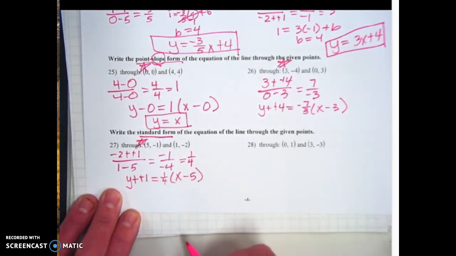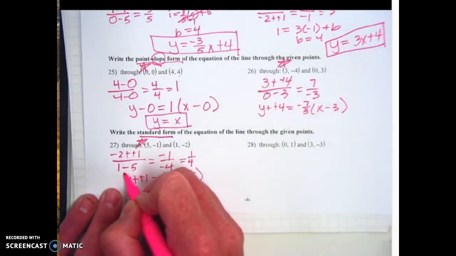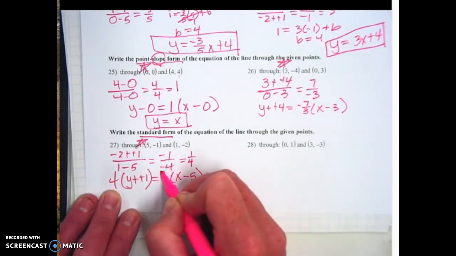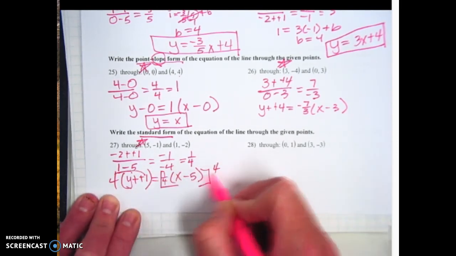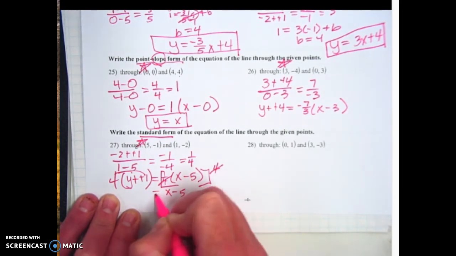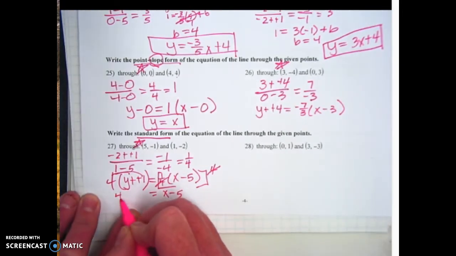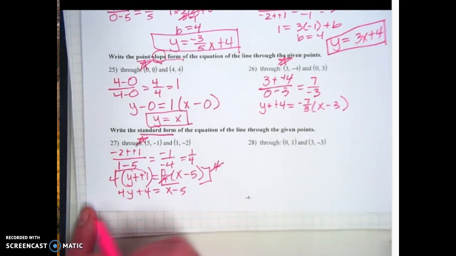Then I need to get rid of the fraction because in standard form you can't have any fractions. So I'm going to multiply both sides by 4. Over here I'm going to distribute, but over here that's going to cancel with the denominator and you're just left with x minus 5. Over here we distribute, we get 4y plus 4. Now we need our variables on the left and our numbers on the right.